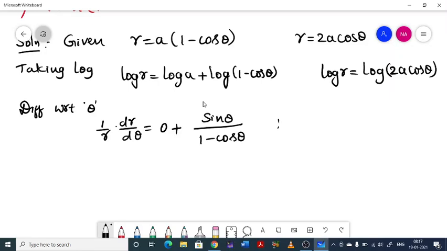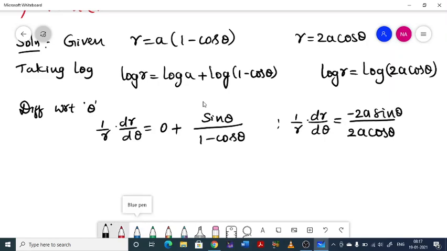And here 1 by R into dr by d theta equal to denominator 2A cos theta and the numerator is minus 2A sin theta. So you can cancel 2A.